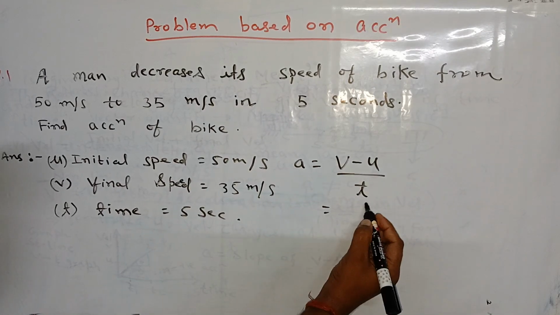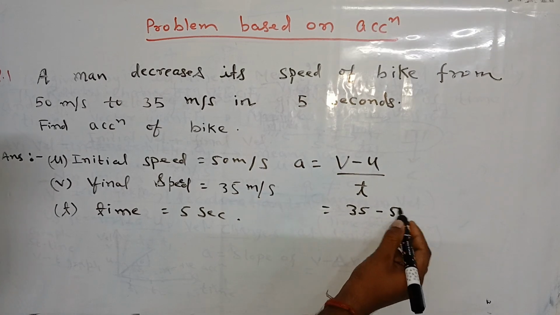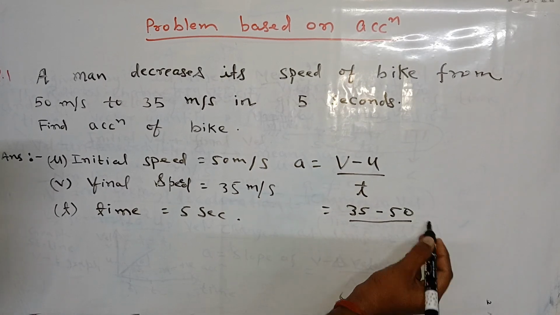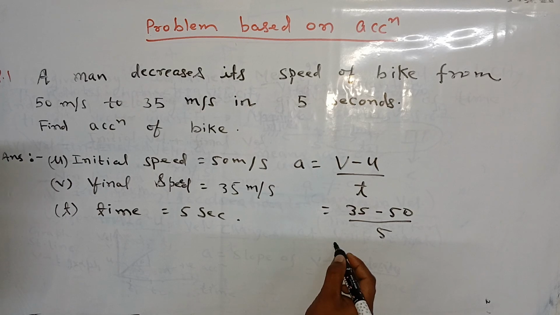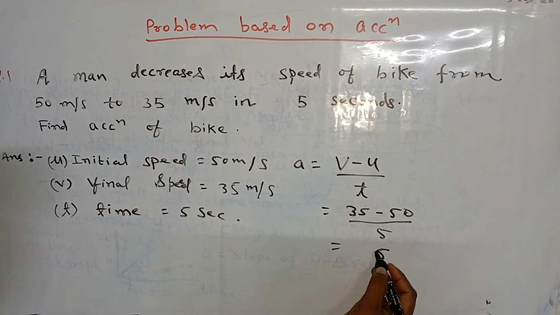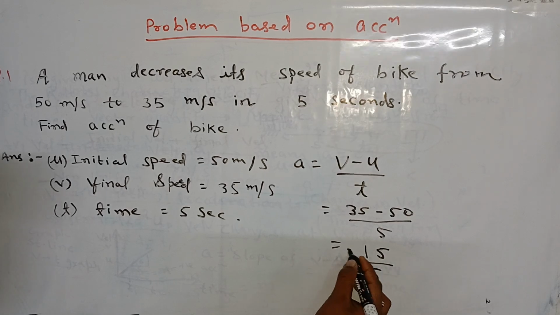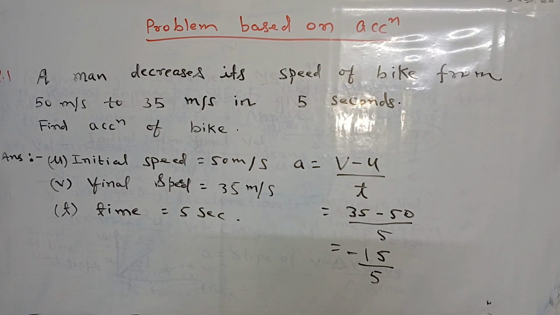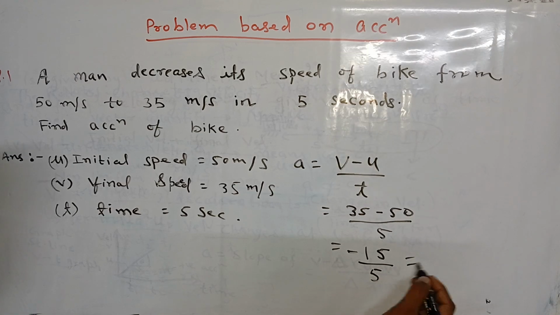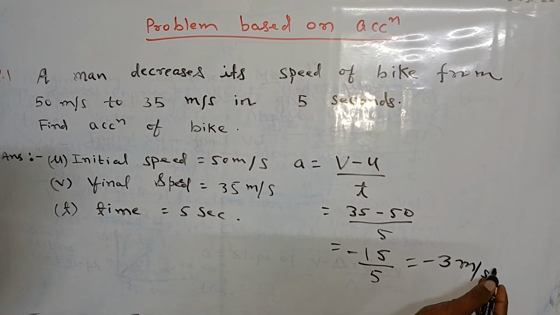V is here 35 and U is 50 upon T is 5, which comes out to be minus 15 upon 5. So this will become minus 3 meter per second square.